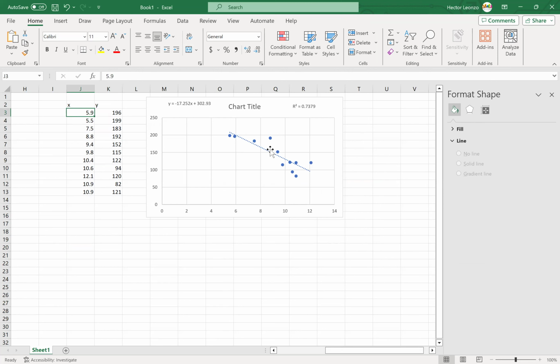My data, you guys will see my data here change. Okay, my x values. Remember how for this one, my x value is the rainfall.